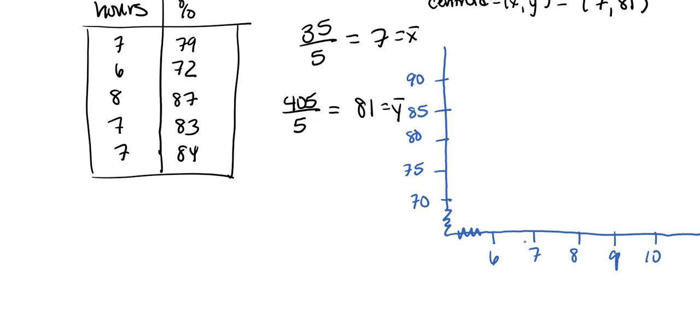So we have 7 and 79, somewhere right there. We have 6 and 72, somewhere kind of like right there. 8 and 87.